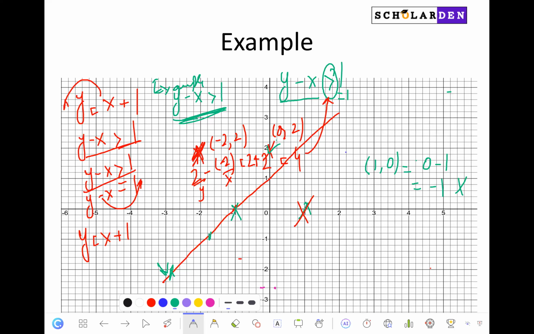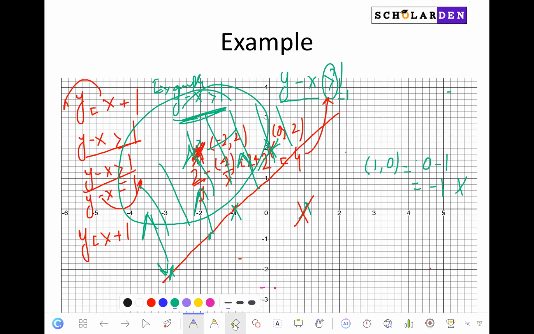We have taken 2 points, and this tells us that all of this region that lies above this line is a collection of all the points that satisfy y minus x is greater than 1.